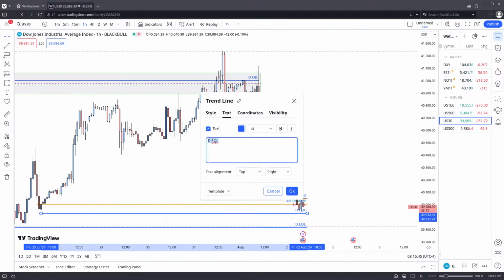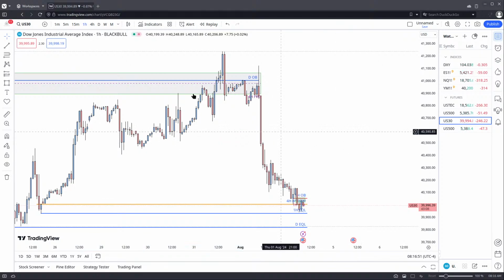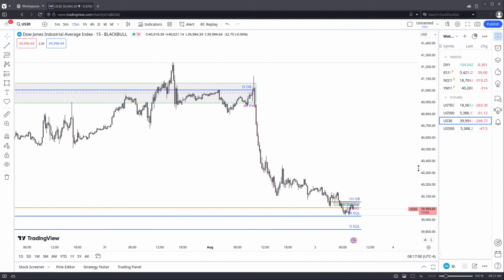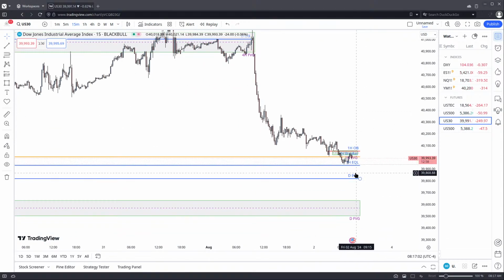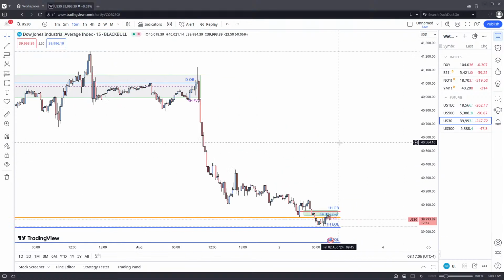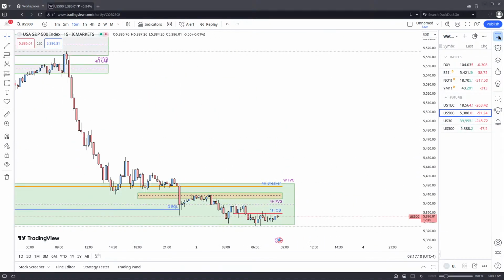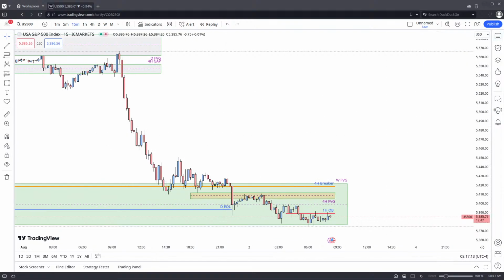That's going to be a 1 hour equal low, that's fine. It gives us a target that is in close proximity, between where we are now and this daily equal low. So that is a quick rundown of what we are looking at this morning.